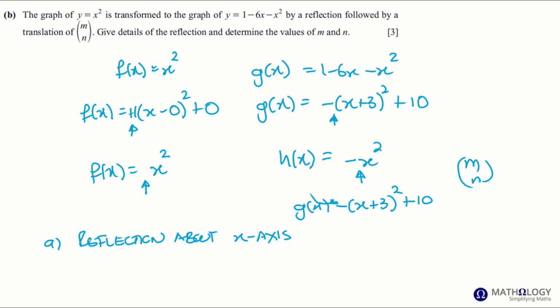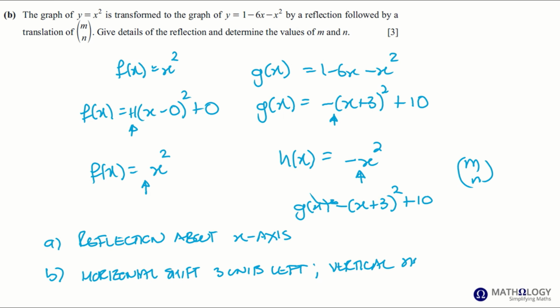So that translation would be a horizontal shift of 3 units to the left, followed by a vertical shift of 10 units up. So the vector, in other words, will be (minus 3, 10).